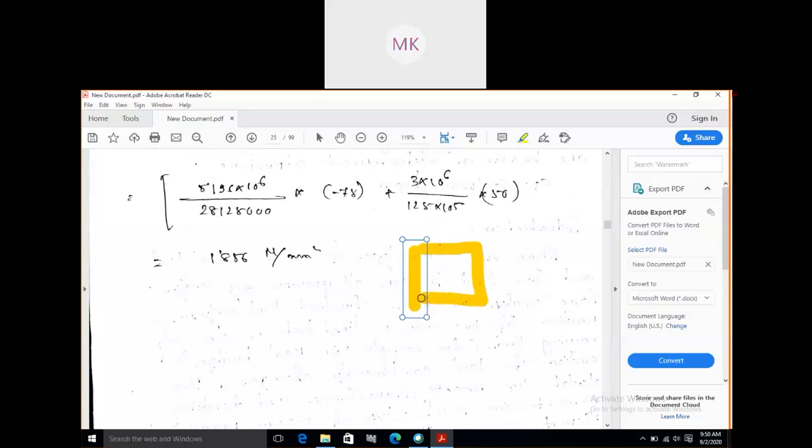Please see this. This is our section, suppose A, B, C, D. I'm just roughly drawing this. If we put a load, and bending occurs, how will it look? It must look something like this.